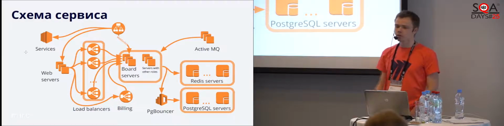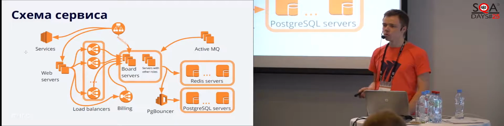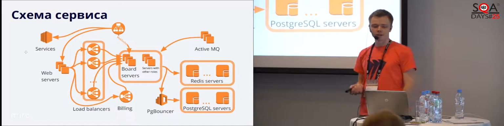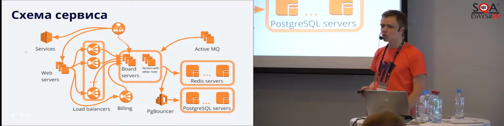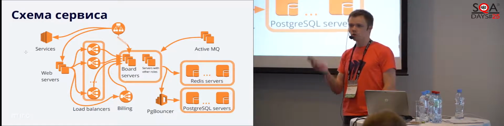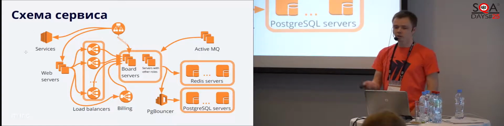This is a very simple diagram of our service. I show it here to demonstrate that we, and you most probably, have different server rows which interact with one another and perform different functions.